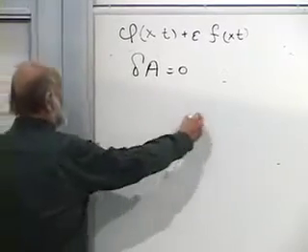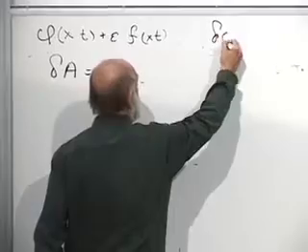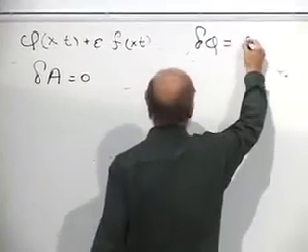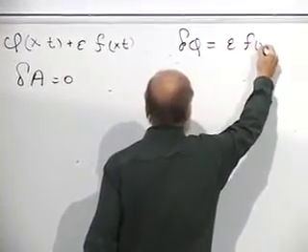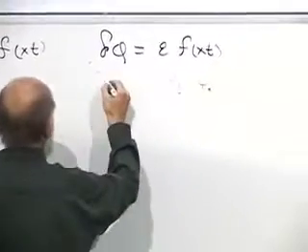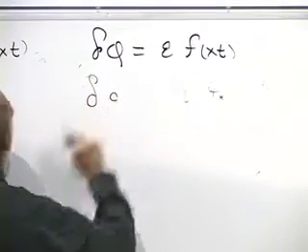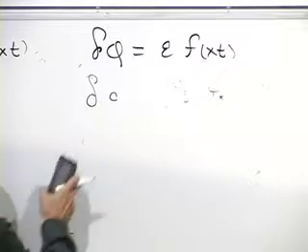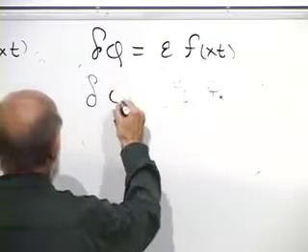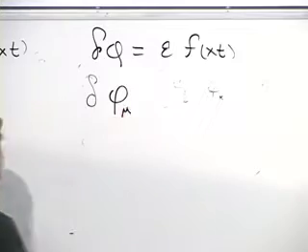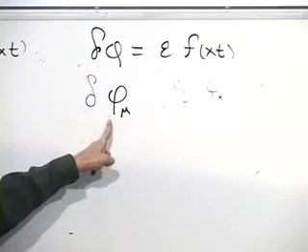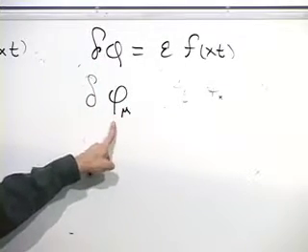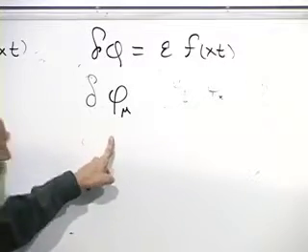If delta phi is equal to epsilon times f of x and t, then what is the change in, let's call it, phi mu? What's the change, if there's a change in phi, what is the change in the derivative of phi with respect to x? Very simple.